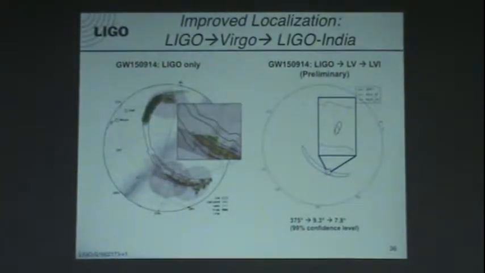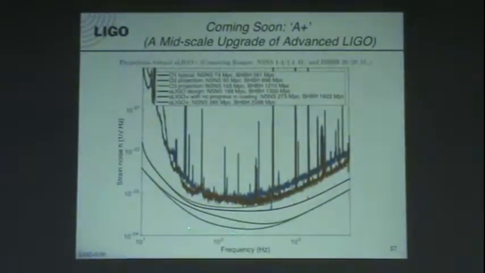So basically the idea is as these new detectors come online, we'll be able to more precisely locate gravitational wave events, which means that telescopes are going to be much more likely to find in the electromagnetic spectrum where a signal comes from. So that's exciting.